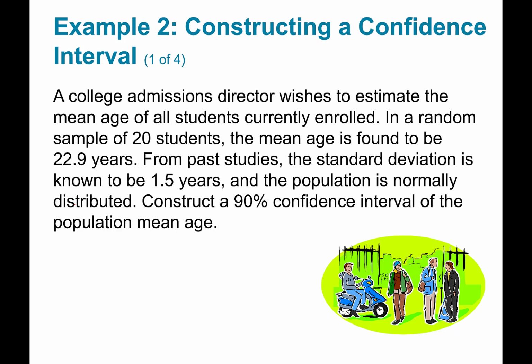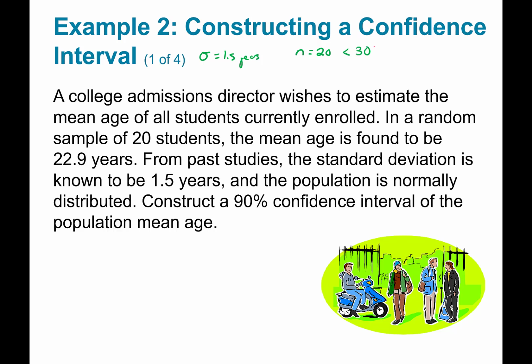So first thing we want to make sure of is, do we have sigma? So we know standard deviation is known to be 1.5 years, so sigma is 1.5 years. And do we have n greater than or equal to 30? So n in this case is 20 students, which is not greater than 30.